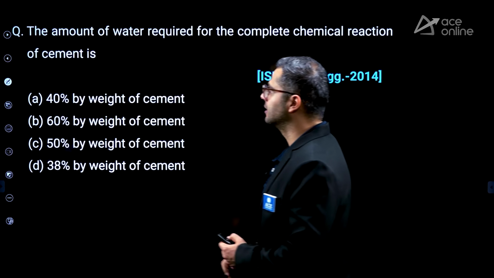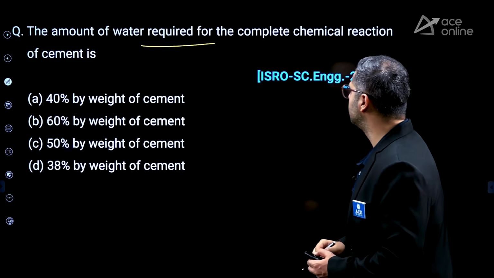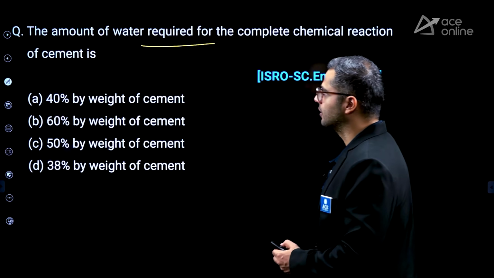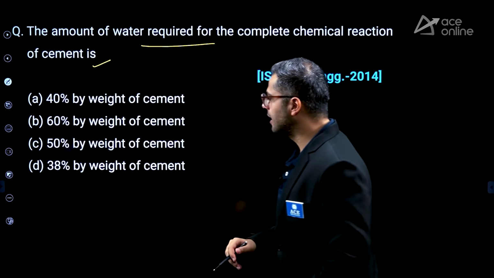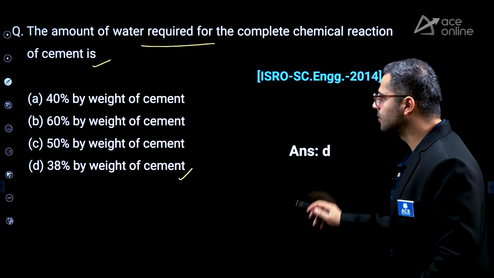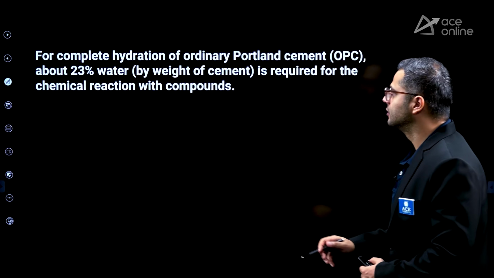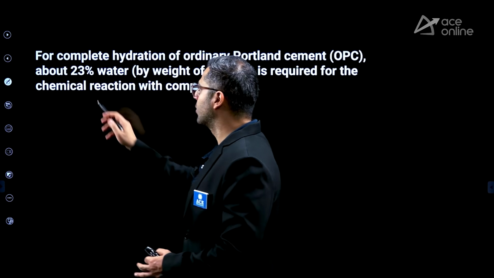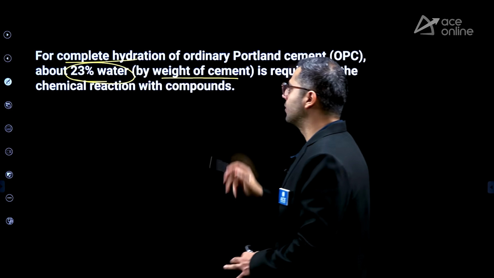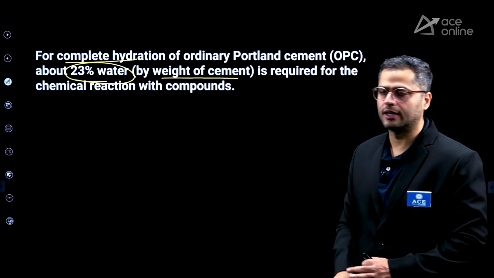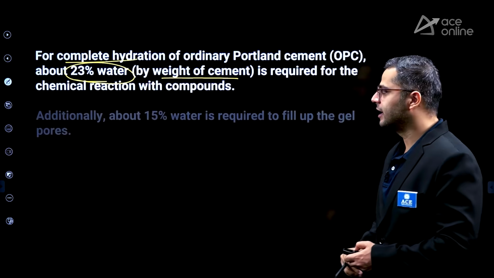Apart from that, here they are saying, the amount of water required for the complete chemical reaction of the cement is. So for the chemical reaction of cement, we generally need 38% by weight of cement, right? Now how is it? For ordinary Portland cement, for complete hydration, we need 23% water by weight of cement. But some of the water is also occupied in pores.